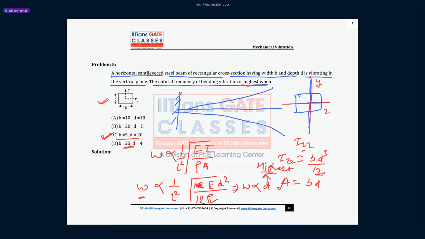Section modulus, right? Not section modulus, sorry. I by Y we take as section modulus. So I by A is what? Anyway, this is just a typo, okay? So omega is proportional to D. Guys, just look into that.